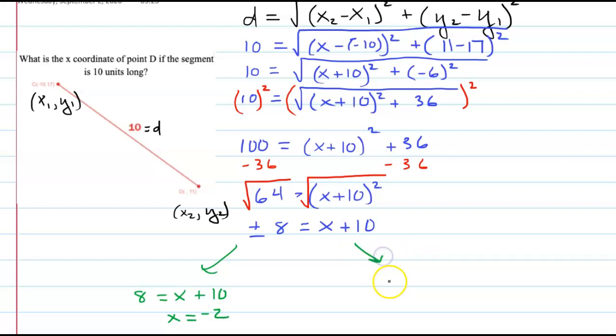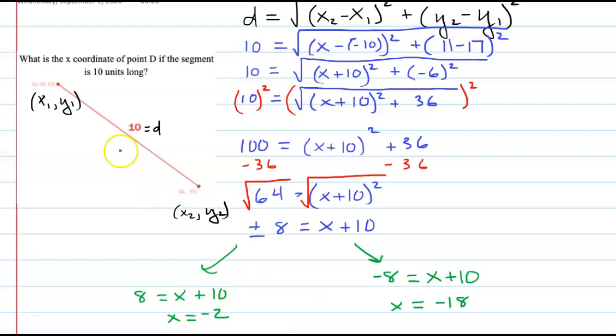And I also need to consider when negative 8 is equal to x plus 10. And if I subtract 10 from both sides, I get x equals negative 18. Okay. So my equation has produced two solutions.